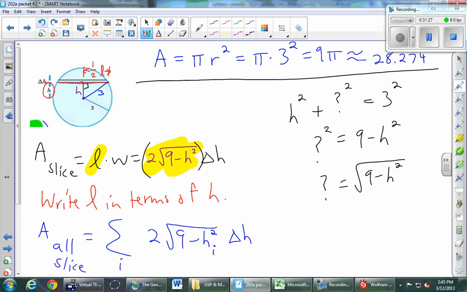Area of all the rectangles that aren't drawn. And then we'll translate this to an integral. Again, the delta h becomes dh. 2 root 9 minus h sub i squared. Just drop the i.